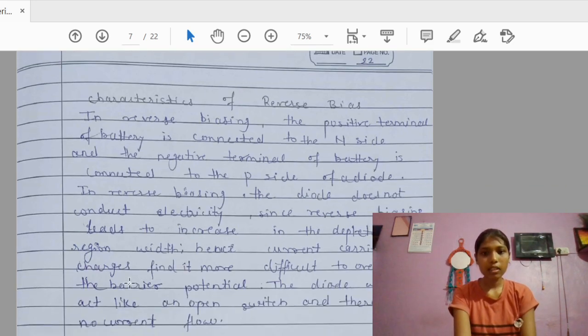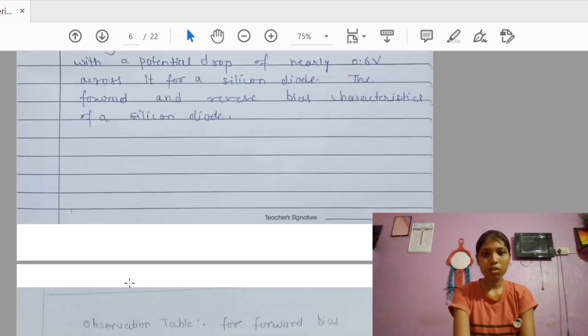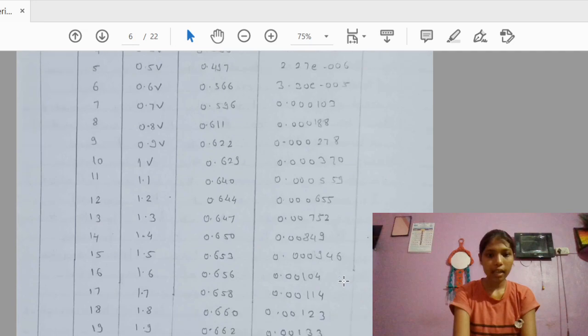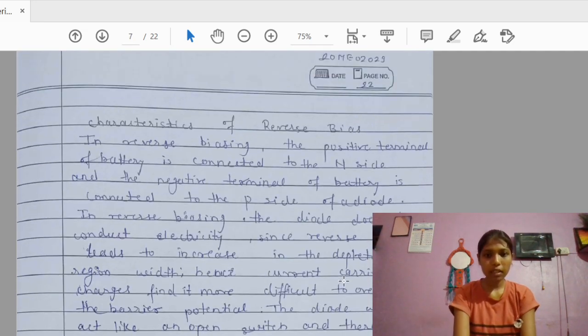In reverse biasing, the diode does not conduct electricity, and in forward bias there is a closed circuit, and the diode acts like a closed switch with a potential drop. In reverse bias, the diode does not conduct electricity.